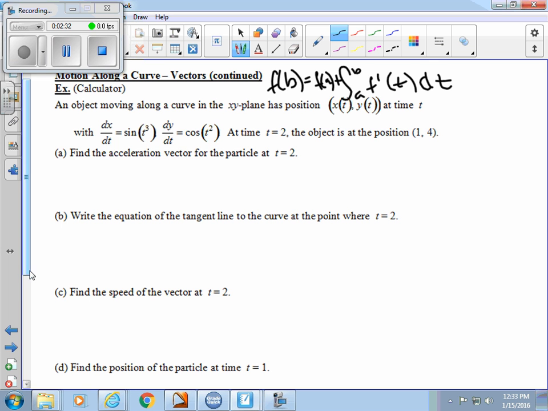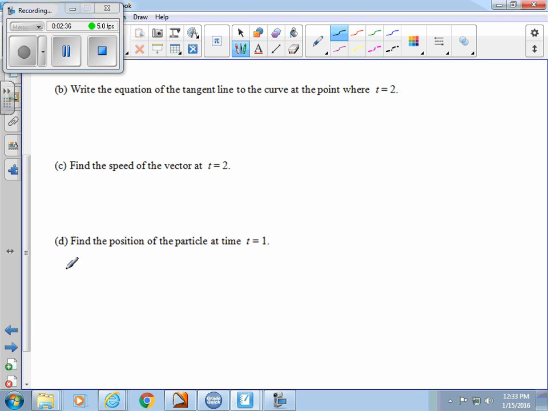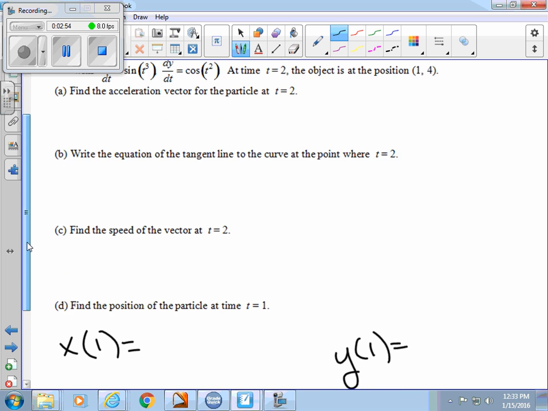So, I do need my position for x and for y. So I need my x position at time 1 and my y position at time 1. My x position at time 1. Well, what do I know?